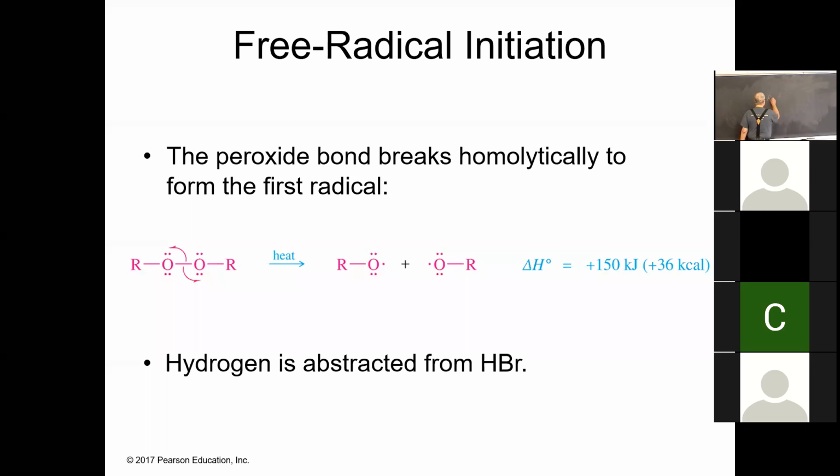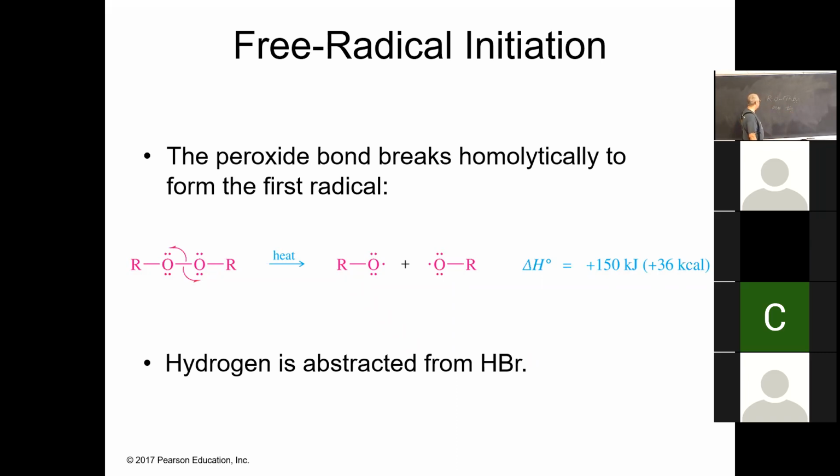So we have an alkoxy radical, and this alkoxy radical removes a hydrogen from HBr. So what happens is this bond will split up. We use a single barbed fish hook arrow. We'll get ROH, and then we'll have an unpaired electron left behind on the bromine.